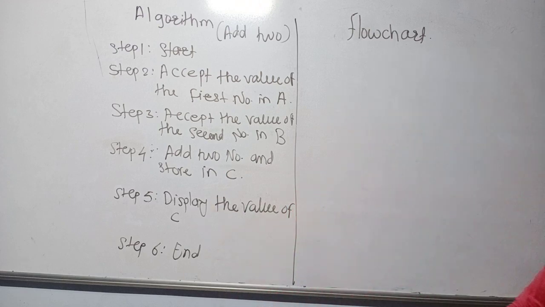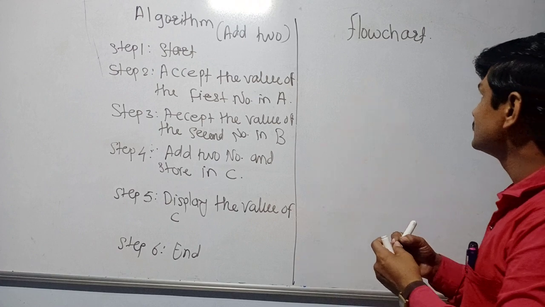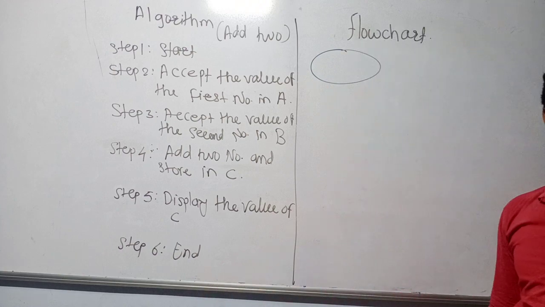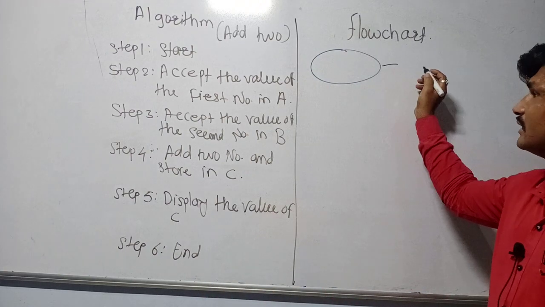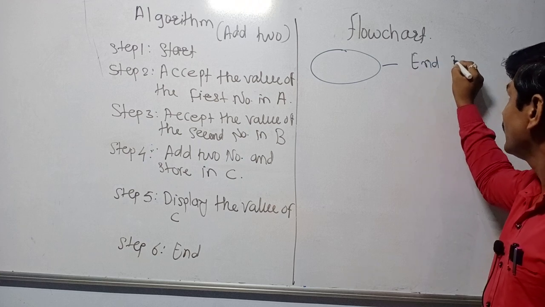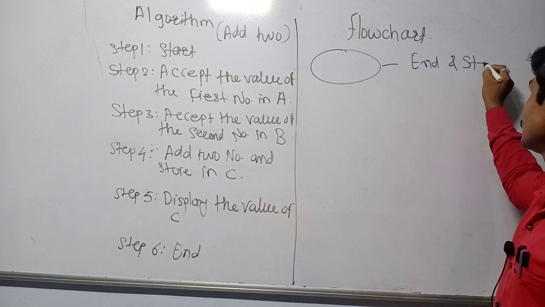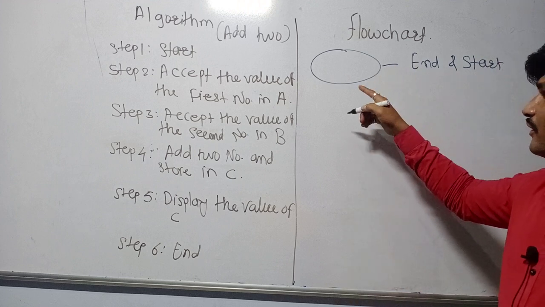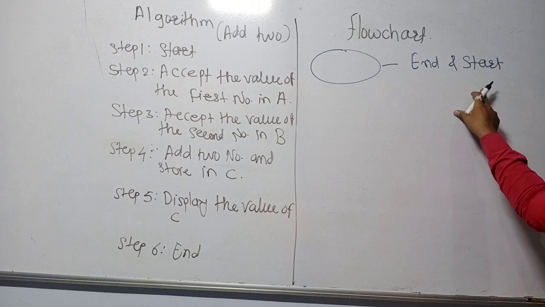I will show you about this. Some symbols, we will check them before going on properly. Do you know about this symbol in algorithms? Ellipse. We can use this symbol for end and start.